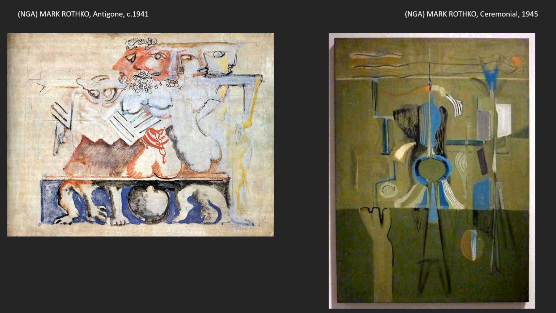Antigone is the daughter of Oedipus, the king. And Oedipus slept with his own mother against his knowledge, right? Without knowledge. But in fulfillment of a curse that the oracle had told him he would have to do eventually. And both Oedipus and Antigone were the subject of plays by Sophocles back in ancient Greece.